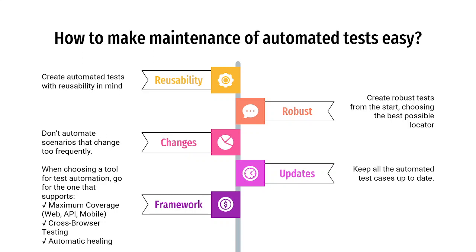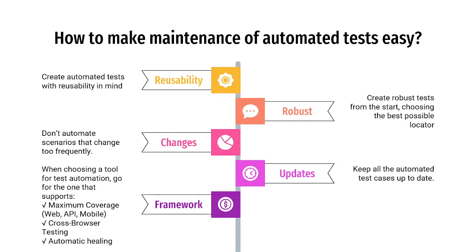And suppose there are a lot of changes in the application, but the change is not with respect to my test. In these cases, my locator should not be dependent on any other elements. Try this from the beginning itself. Not 100% of the time will you be able to do this, but most of the time, make sure that you are not dependent on other elements of the web page.